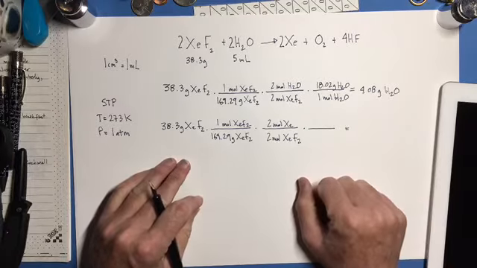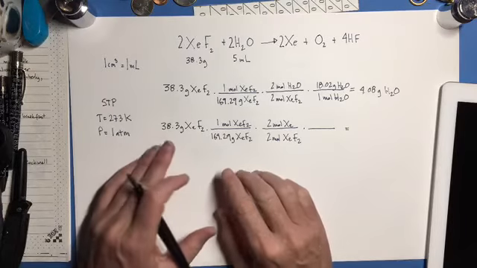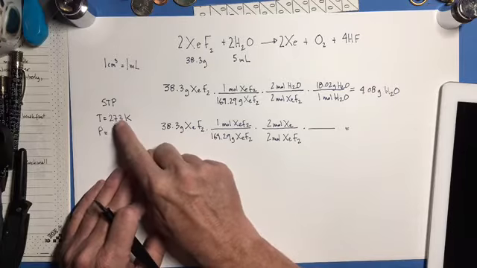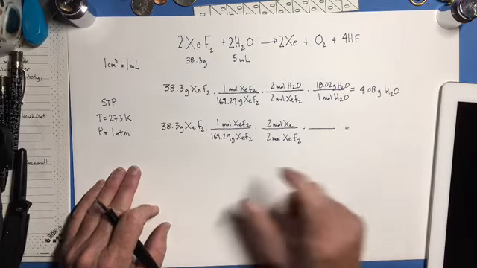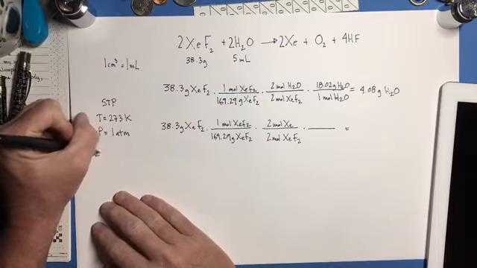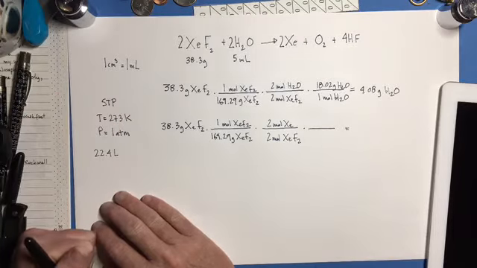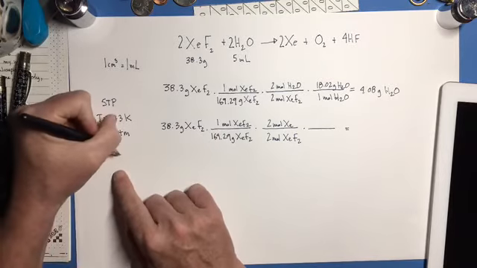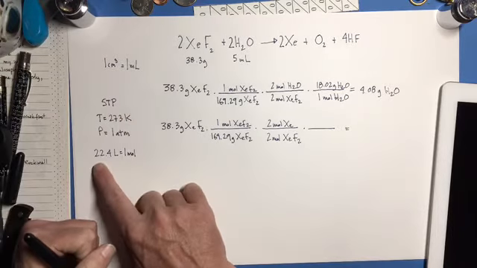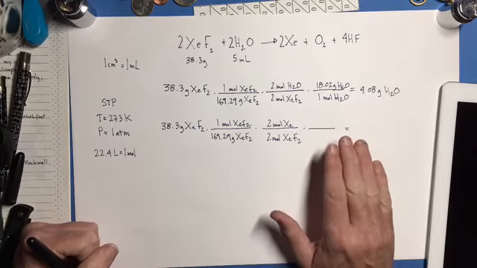I don't care what they are. I don't care if they're xenon or oxygen or hydrogen or chlorine, doesn't matter. Any gas at 1 atmosphere and 273 Kelvin occupies the same amount of space. And that space is 22.4 liters. More specifically, 1 mole of said gas occupies 22.4 liters. That's 1 mole of any gas.